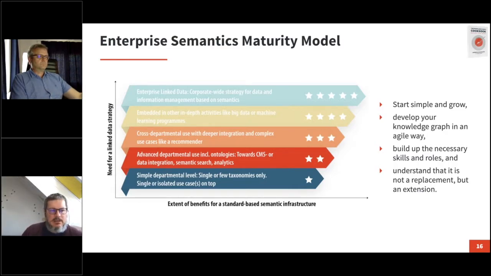And here, this maturity model can help. Again, start simple and grow, but also see what your position in the company is. How much can you achieve for such an initiative? Where is it positioned? How many stakeholders are involved? Is the company already ready for change because you're regularly changing, you are agile, you look at new things?